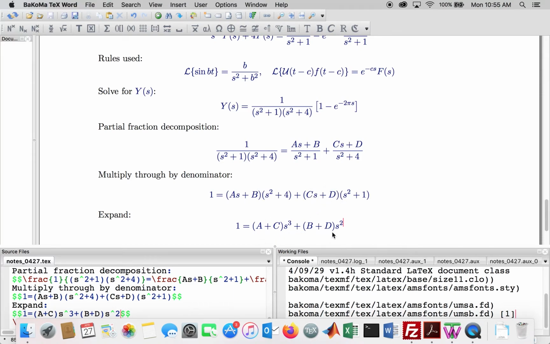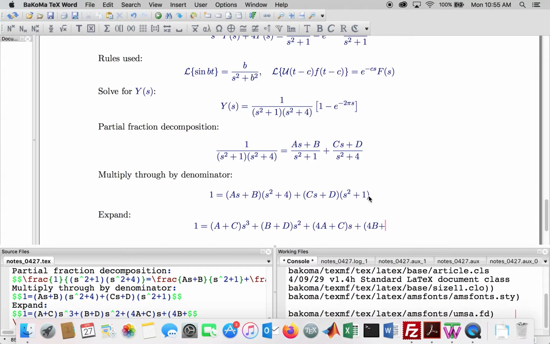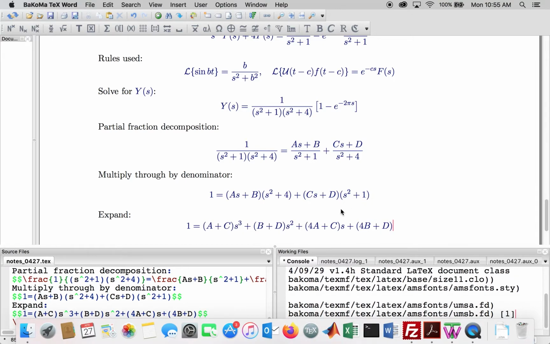So that's where these terms come from. Then I have plus 4A plus C times S, because I have 4AS, and then CS times 1. And then the constant term is 4B plus D. So now I have everything grouped by powers of S.